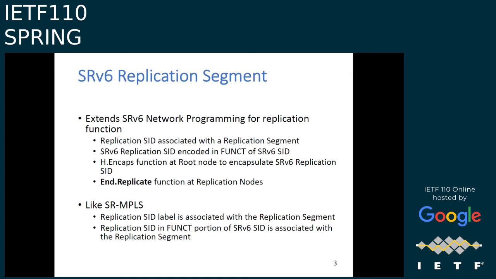What's new here is an encapsulation function done at the root node to encapsulate the SRv6 replication. That is the N replicate function. It works exactly the same as in SR-MPLS, where you have the replication SID label associated to a replication segment that somewhere in the network will hit the replication node, decap, and then process to the host. So nothing really different from a mechanics perspective.